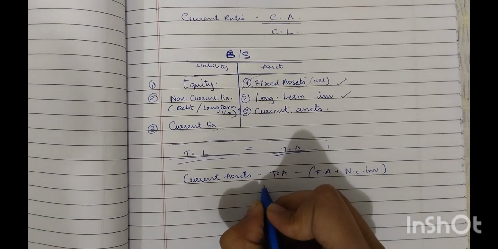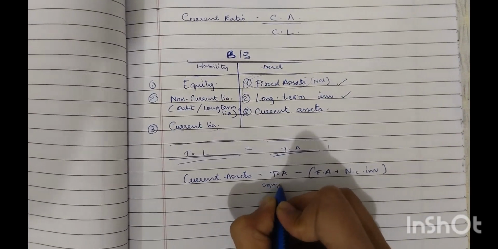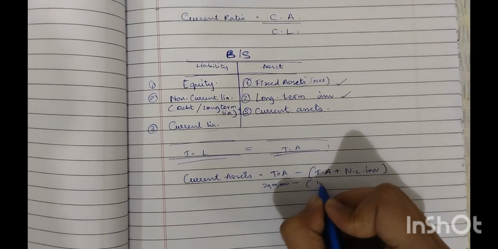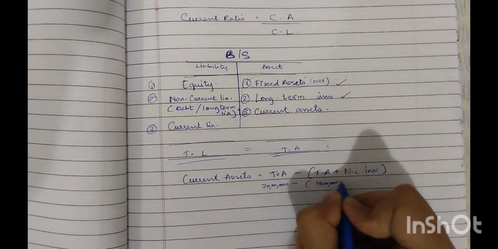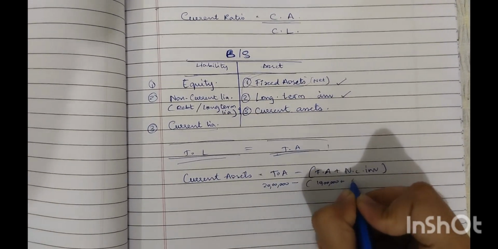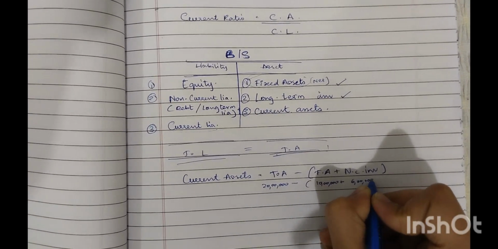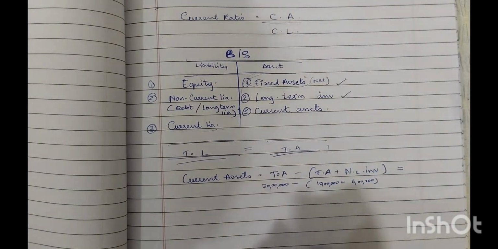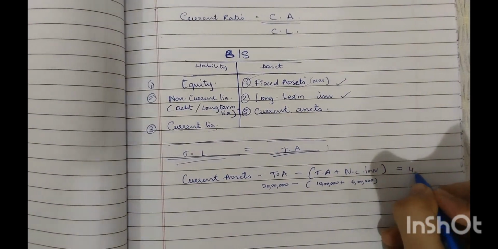Total assets are 20 lakhs minus fixed assets are 10 lakhs plus non-current investments are 6 lakhs. Alright, so this will be equal to 4 lakh.